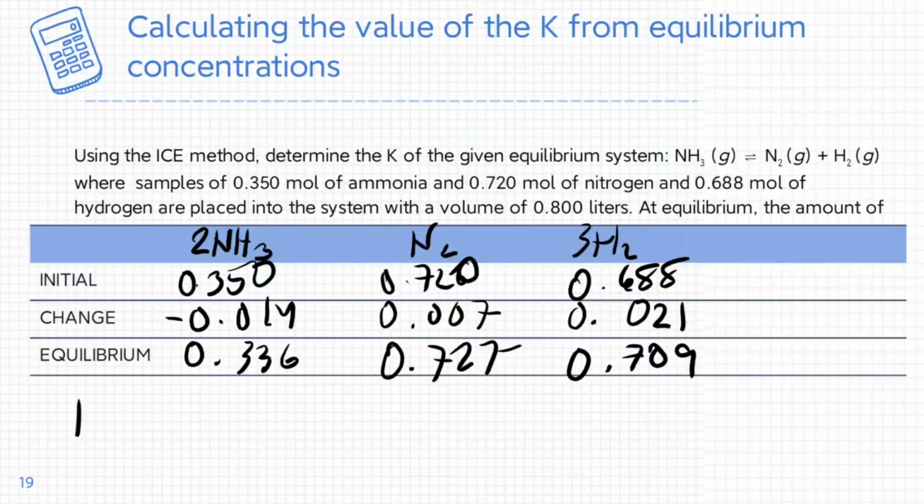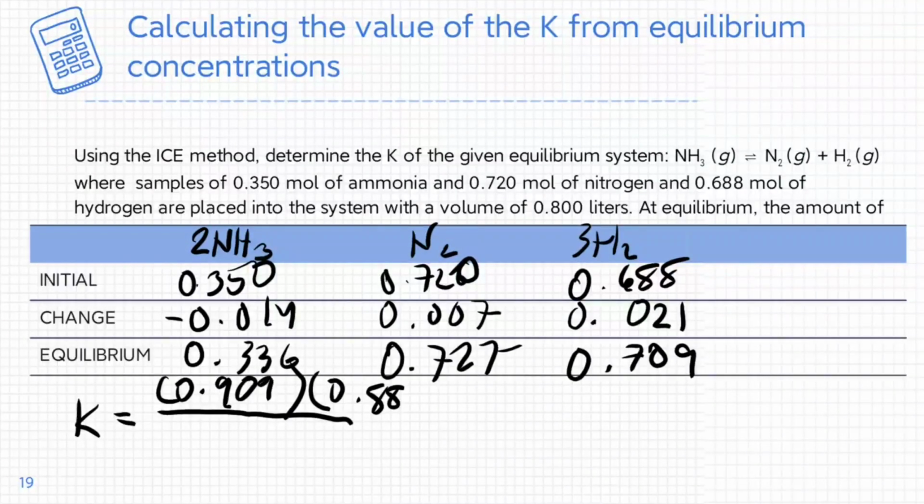So, equilibrium is equal to, sino yung products mo? 0.909, 0.886. And again, may coefficient na 3. So, 3.